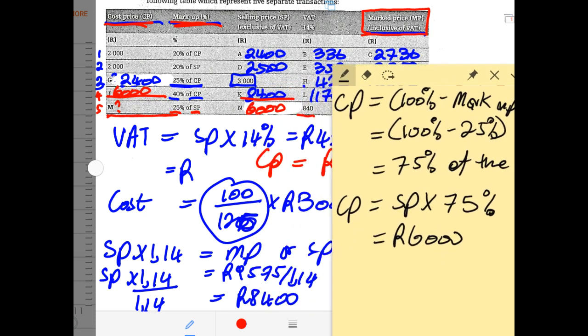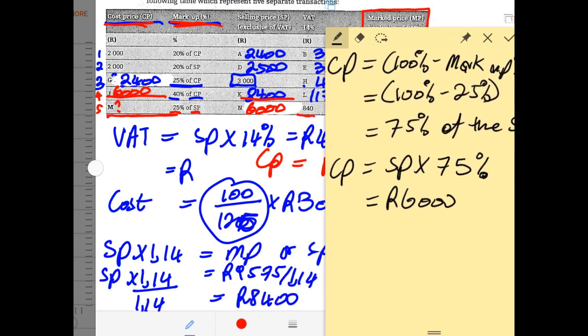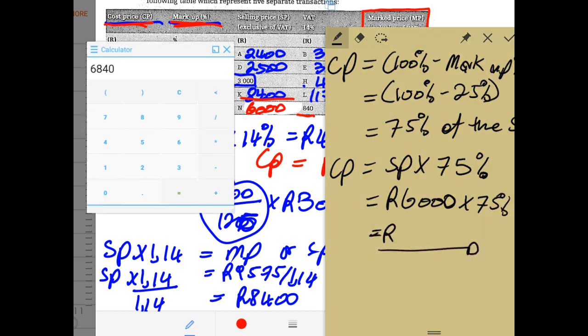There is the selling price of 6,000 rands. Then we multiply this by 75%. This should give us the correct amount of the cost price. So now we say 6,000 of the selling price times 75 divided by 100.